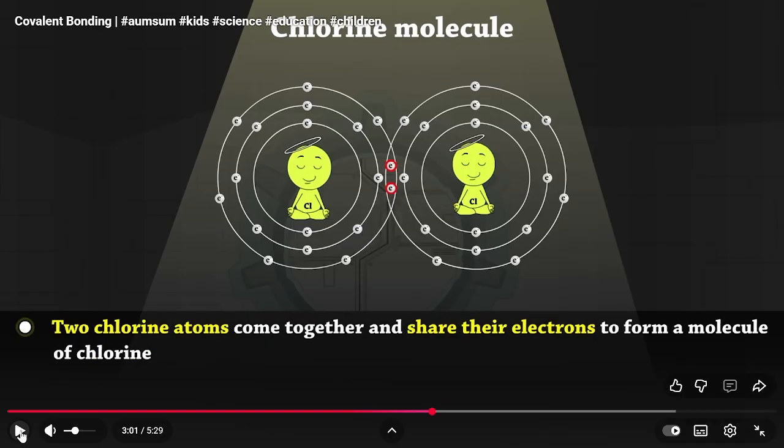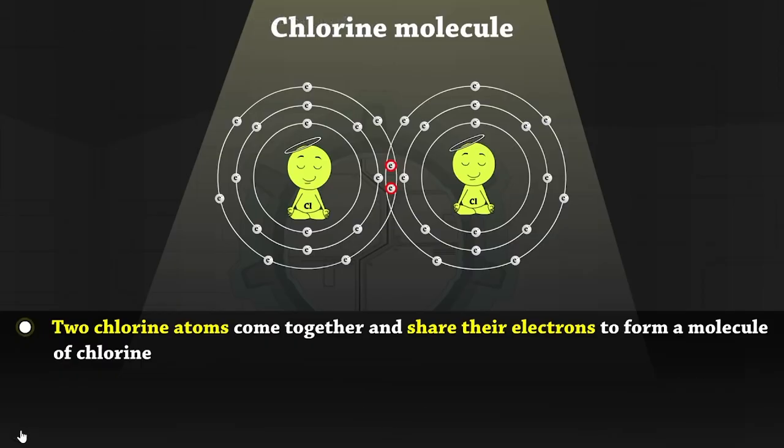Okay, so filling in the blanks on page 43. 2 chlorine atoms come together and what do they do with their electrons? They share their electrons to form what? A molecule of chlorine.